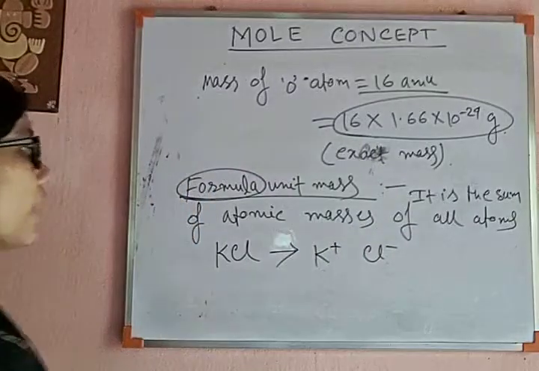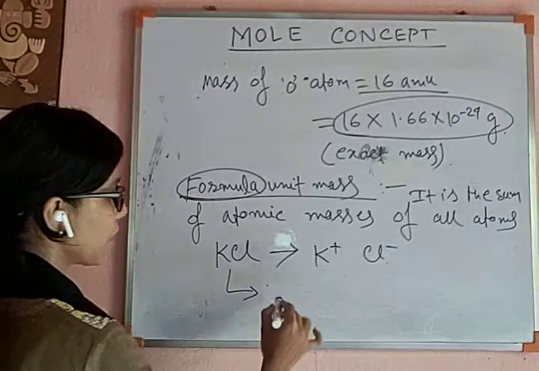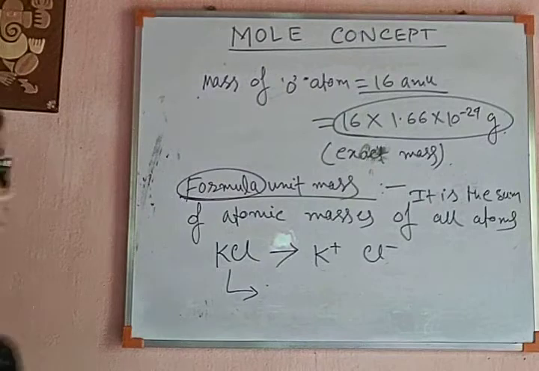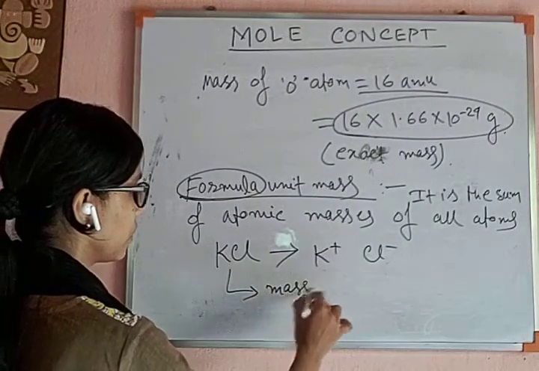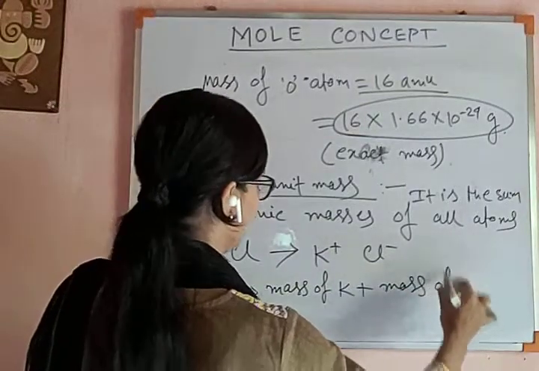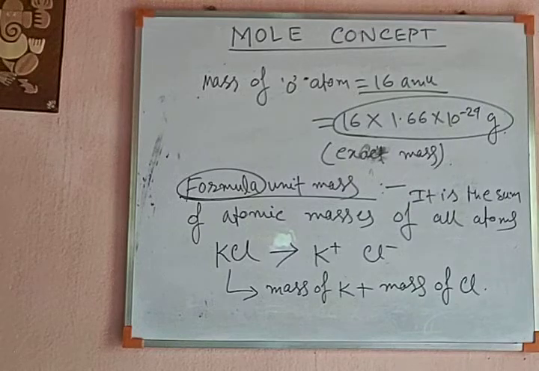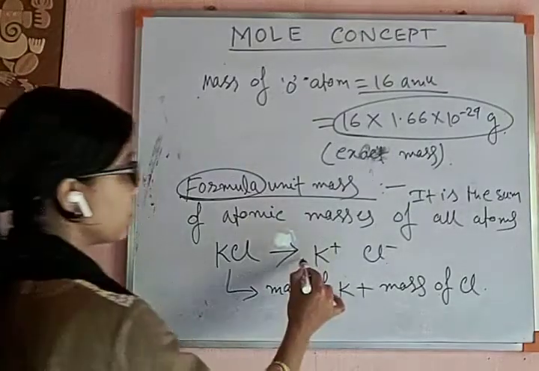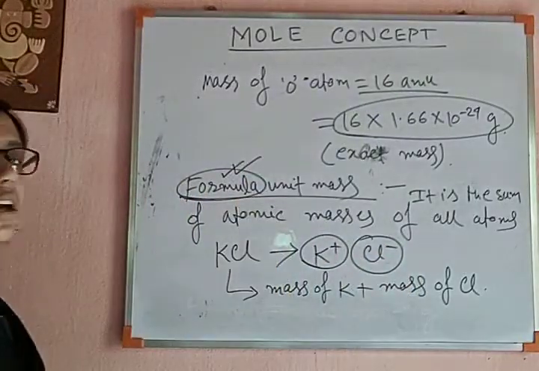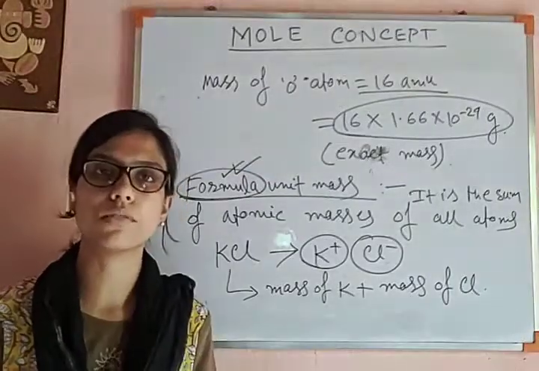So when we calculate the mass of KCl, mass of potassium plus mass of Cl, here due to the presence of these ions we are using the term formula unit mass. Okay, formula unit mass is similar to that of molecular mass.